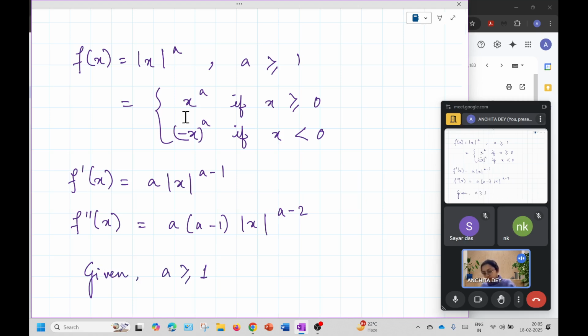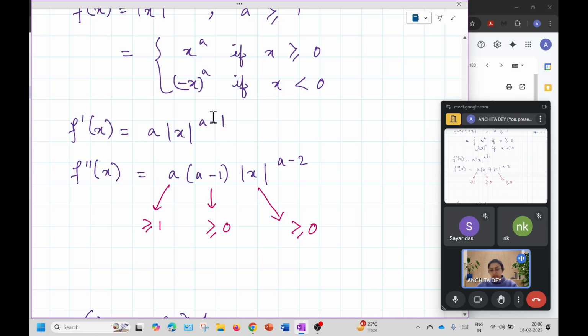So f''(x): this factor is greater than or equal to 1, this is greater than or equal to 0, so this would also be greater than or equal to 0. So it is non-negative.